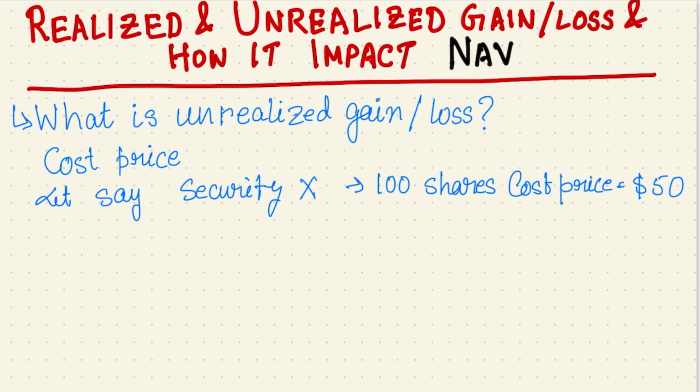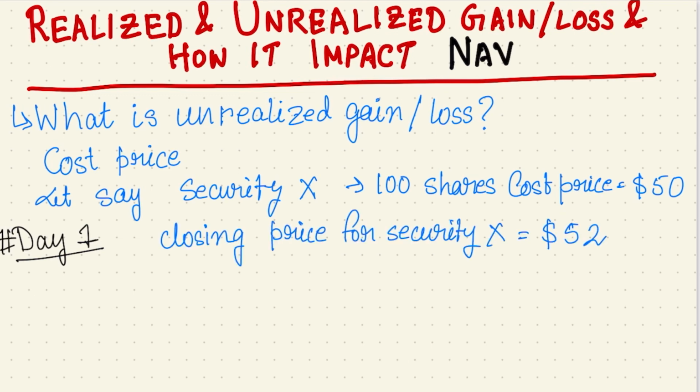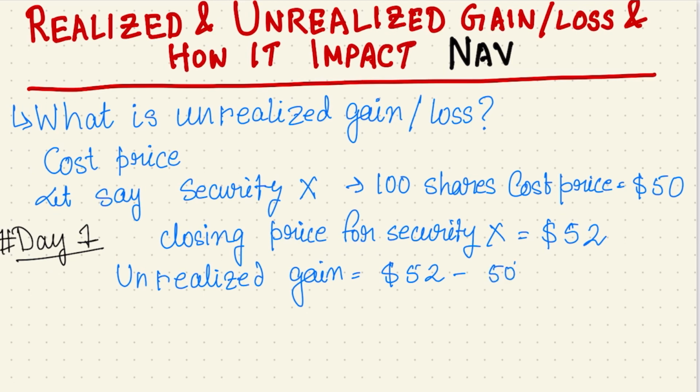Now let's assume, taking it as day 1, my closing price is going to be 52. So if I have to calculate the unrealized gain and loss for day 1, it will be my closing price minus my cost price, into the number of shares.